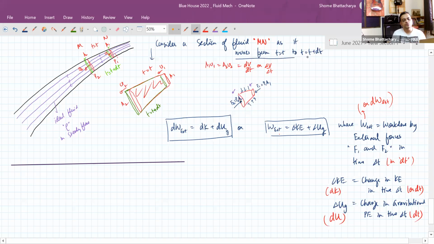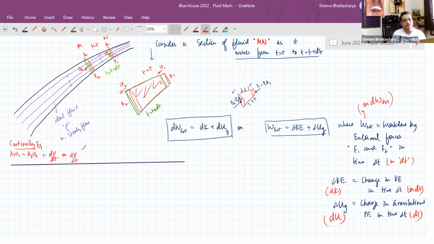As that section of fluid is moving, I'll just put aside the continuity equation for a moment because that's aside from this. So this is not to do with the work energy application. This is to do with the continuity equation. We have this result from the continuity equation. But as that section is moving from time t to t plus dt or t plus delta t, whatever we choose, we can apply the work energy theorem to it like this.